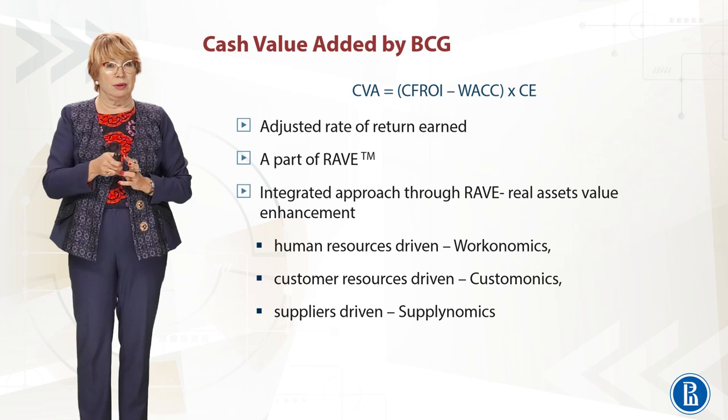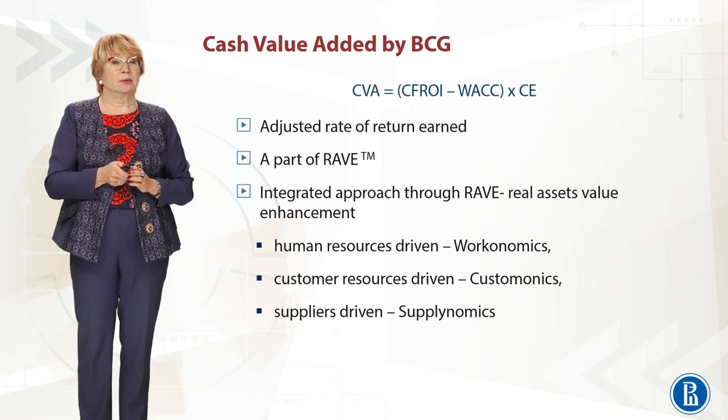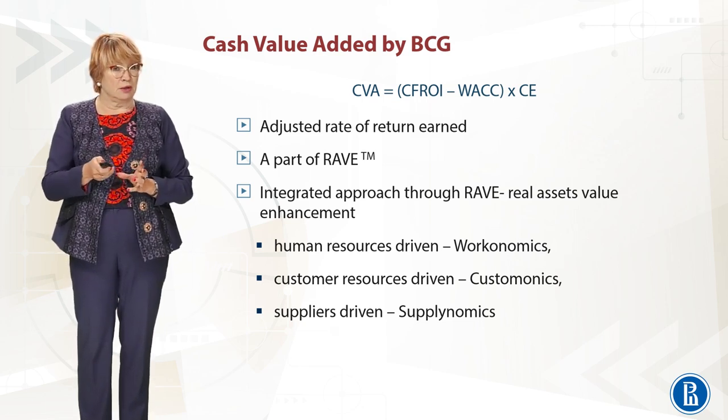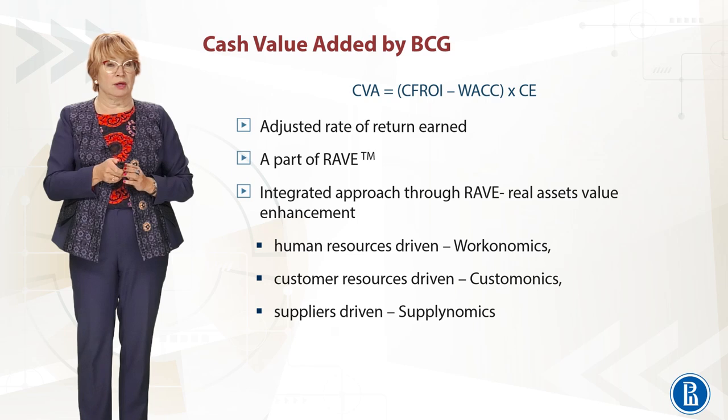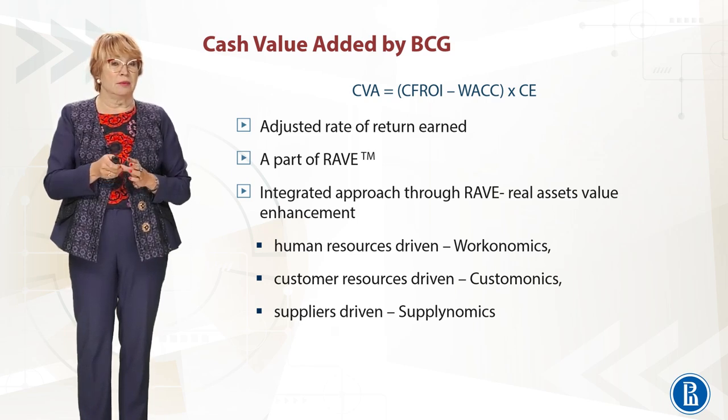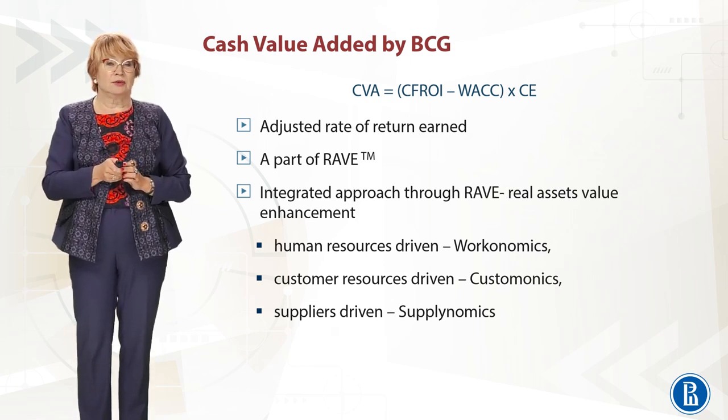So that's why I'm going to give an overview of so-called workonomics, which is focused on the human resource. I will also show you costonomics, which is customer resources driving.